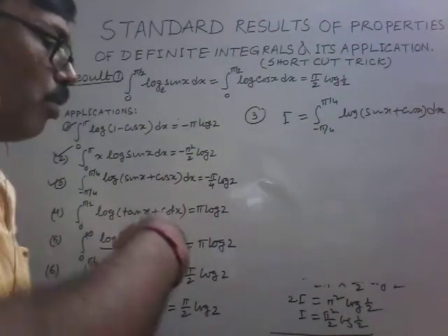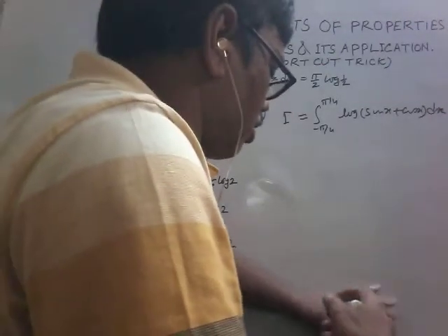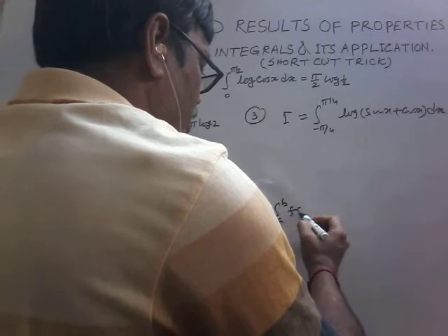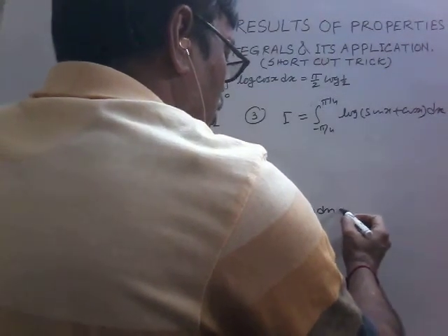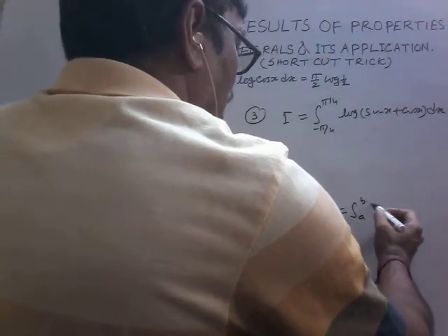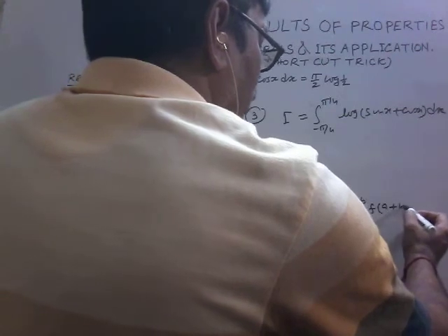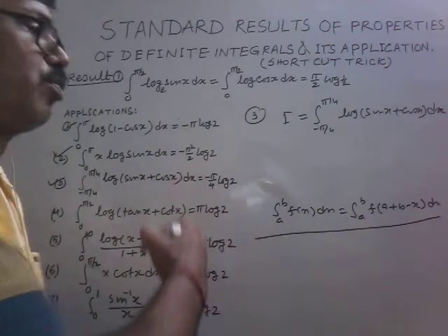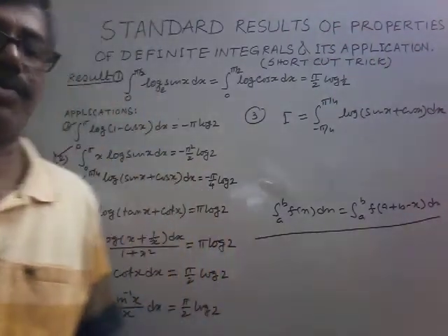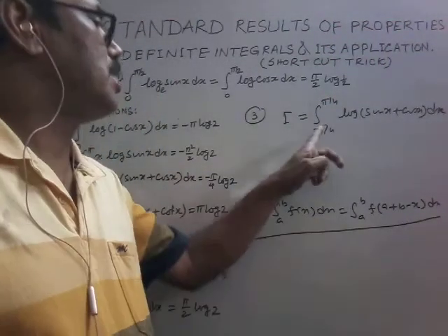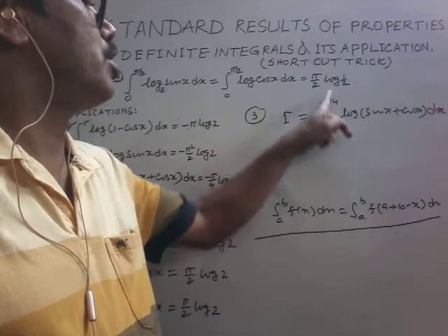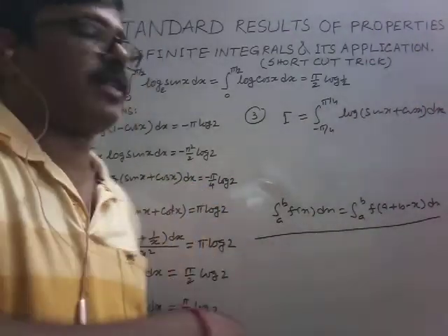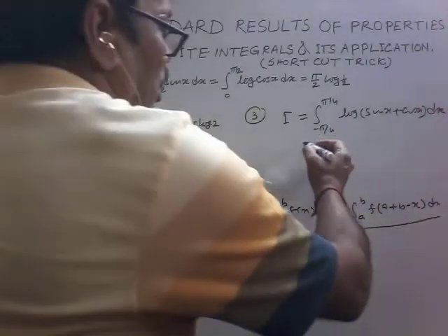Now we can use King's rule. What is King's rule? Integral a to b of f(x) dx equals integral a to b of f(upper limit plus lower limit minus x) dx. We use this property first. What is a plus b? a plus b is 0. So here we have to replace x by minus x only.